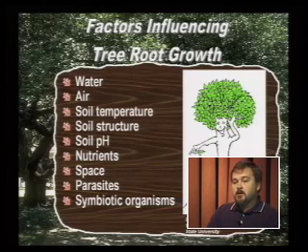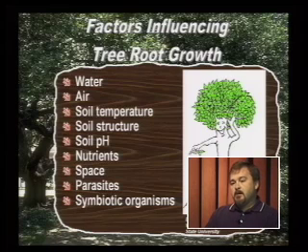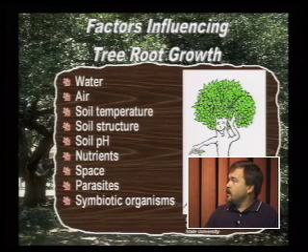Soil temperature can be important, one from freezing, but also because of the amount of concrete and heat island effects that we get in an urban forest. Soil temperature can cause some negative impacts to root systems. We're also going to talk about soil structure and how it relates to aeration and those kinds of things, but it's how the soil is arranged.